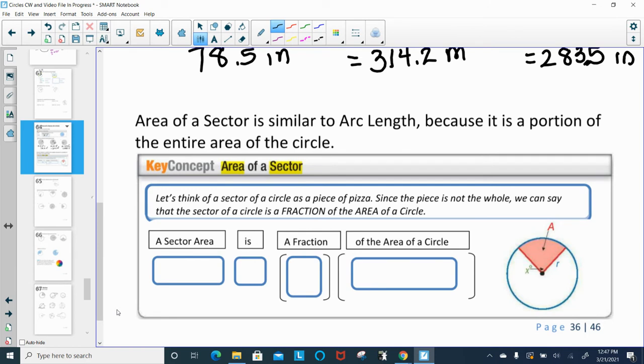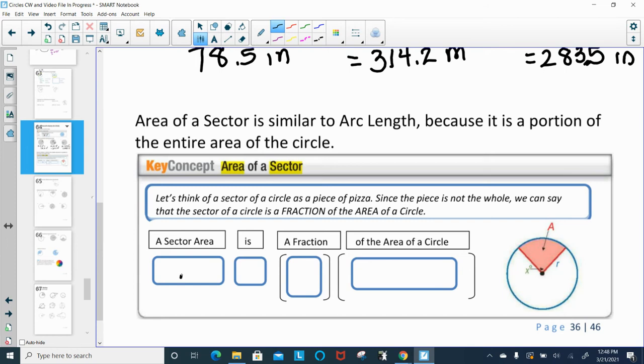Notice that this A, this whole red area, is shaded in. That's because that is the piece of the area that we're interested in knowing. To me, that just looks like a piece of pizza. That's a pizza slice right there. I like to think of the arc length as the pizza crust, but you can think of it however you like.